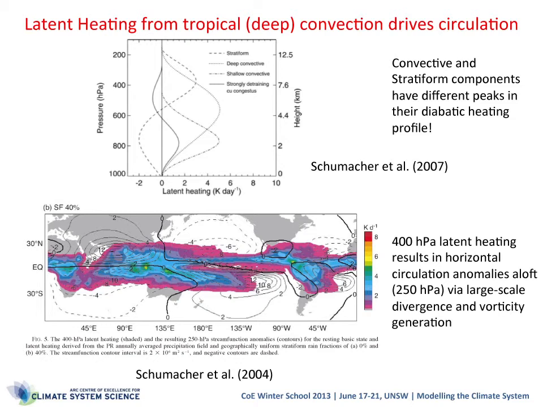So you have this heating in the tropics that generates a wave response that Steve was talking about, and you get these cyclonic and anticyclonic gyres, which is due to the divergence and vorticity generation that drives circulation throughout the globe. And that's why tropical convection is important.